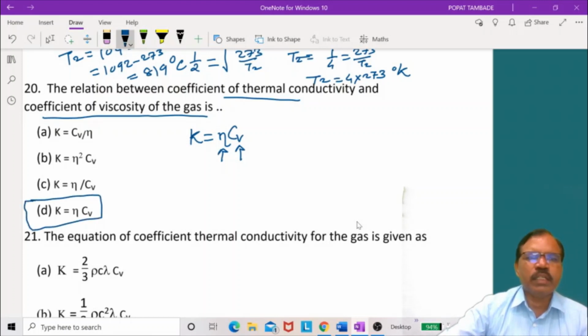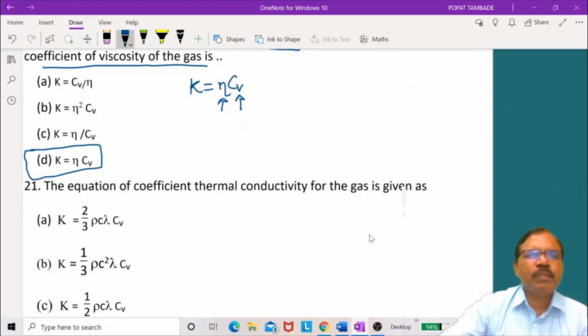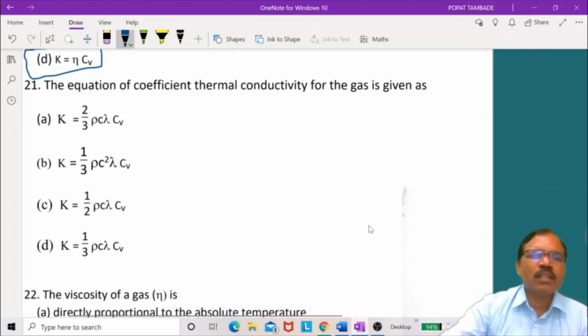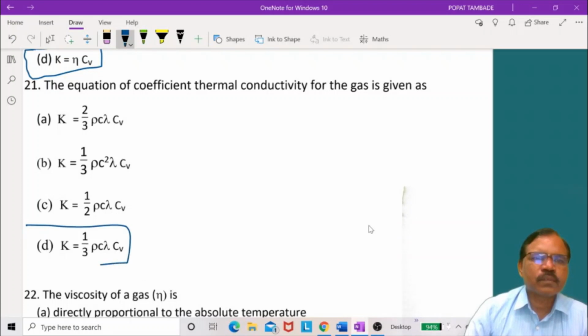K is equal to eta into Cv. The equation of coefficient of thermal conductivity is given as K is equal to eta Cv, where eta is 1/3 rho C lambda. So this last one is correct. K is equal to 1/3 rho C lambda into Cv.